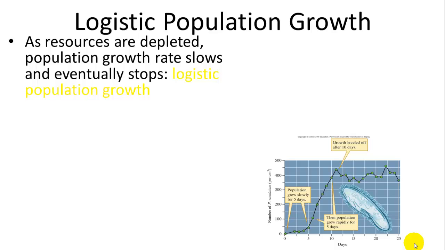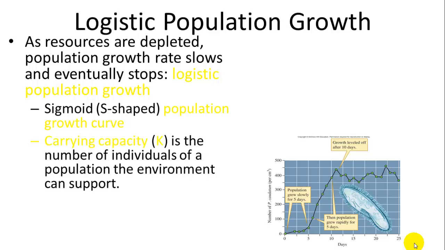As resources are depleted, the population growth rate slows and eventually stops. This creates a sigmoid, or S-shaped, population growth curve. The point at which it levels off is called the carrying capacity, which is the finite amount of resources in an environment, and that's what controls the population.